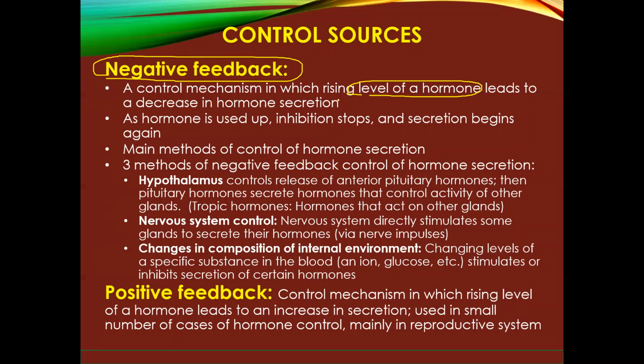If the effect is decreased, then the response will be increased. Okay, so if it is increased, then the response will be decreased. If the effect is decreased, then the response will be increased. It is always opposite. Okay, the response will oppose the stimulus.